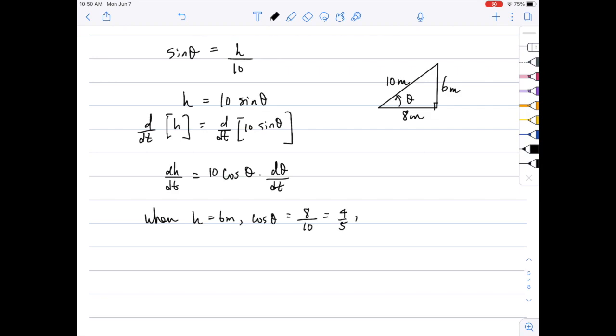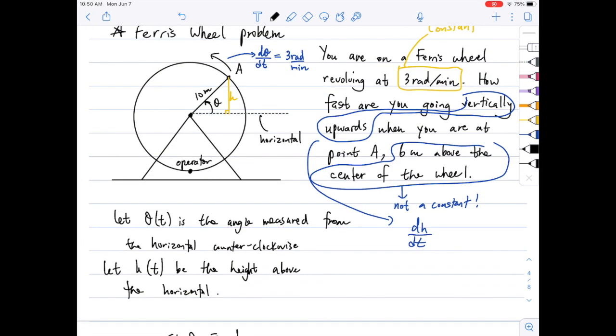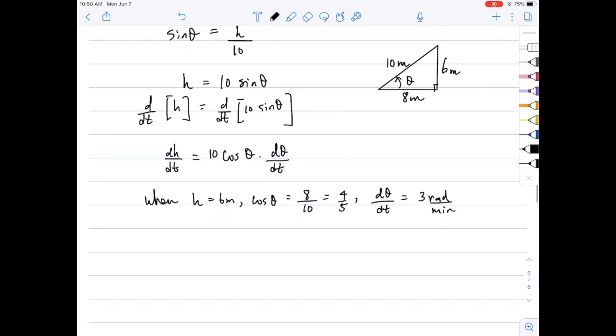And d theta by dt is fixed, it's constant, it's always 3 radians per minute. Let's just confirm. Yeah, 3 radians per minute. So that's it. We just need to evaluate now.